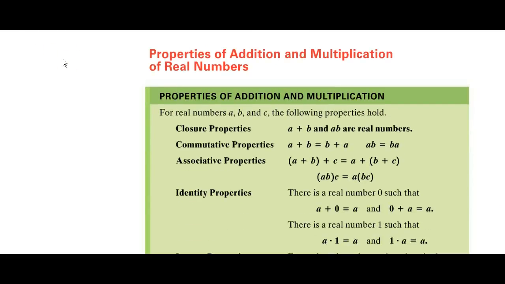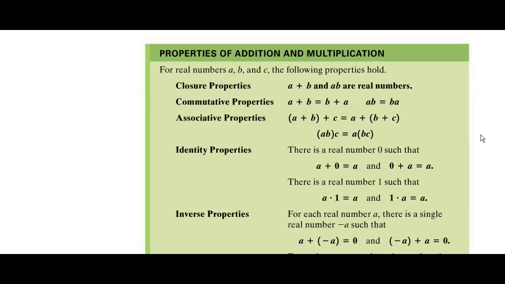Properties of addition and multiplication of real numbers. Well, again, since you can use your notes, this is going to be very useful, but other students have had to memorize this. So let's go through properties of real numbers in addition and multiplication.